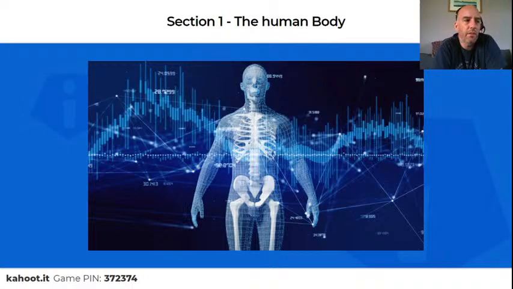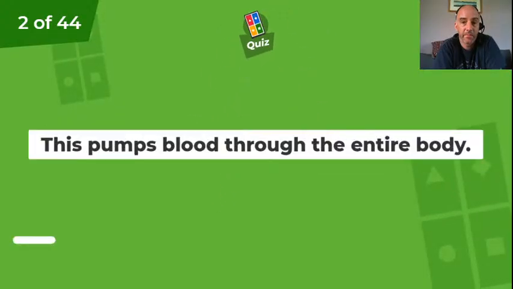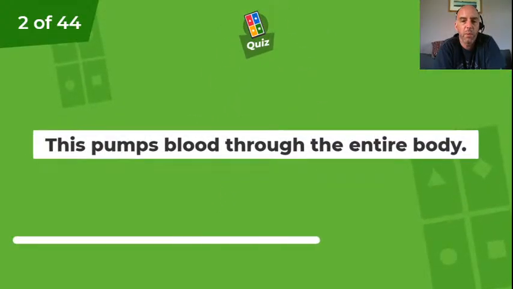I would list all of the other sections, but I have completely forgotten what they are, despite having written all the questions in yesterday. So we're going to start off with 5 questions on the human body. Are you all ready? Okay, here we go. Nice easy one to start with.